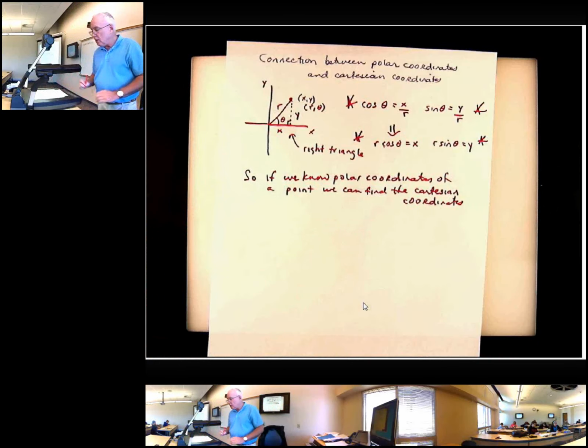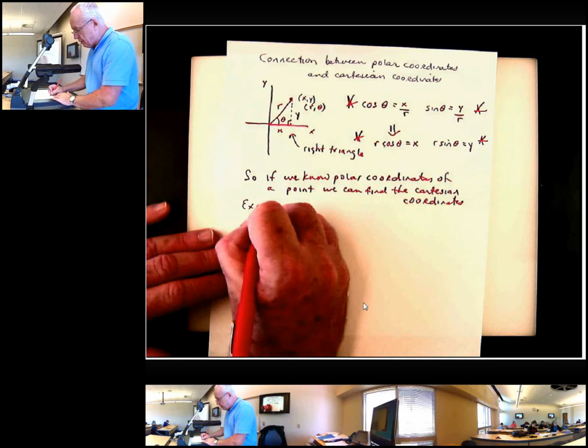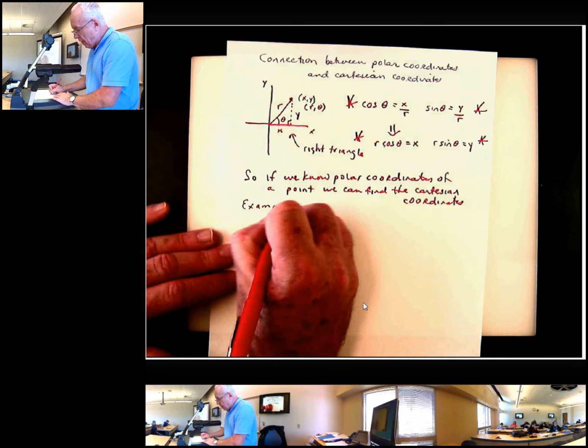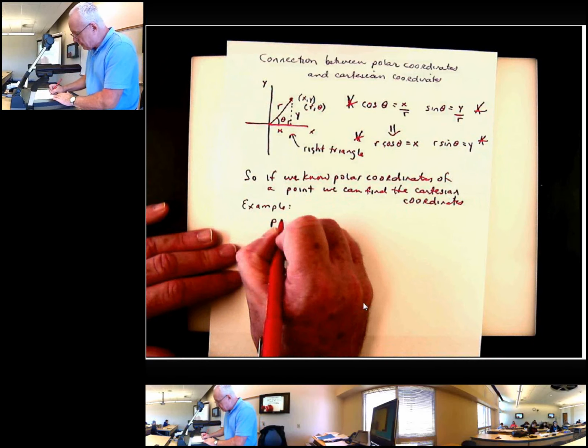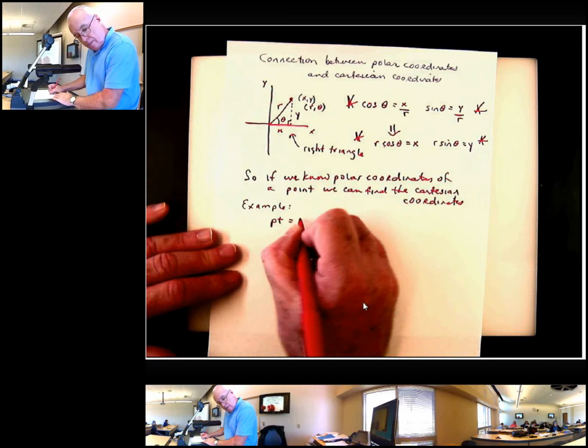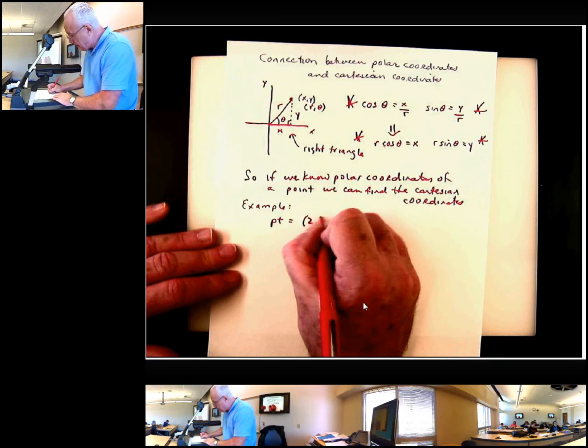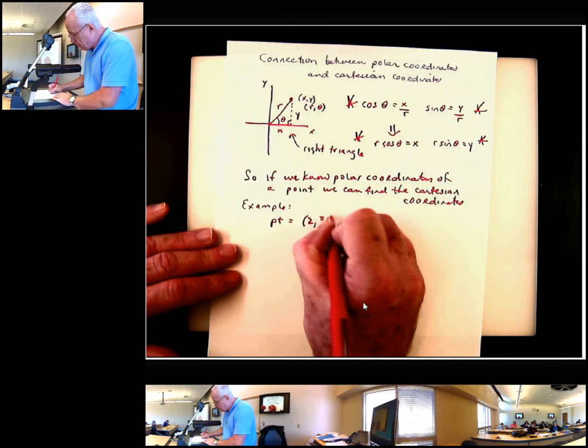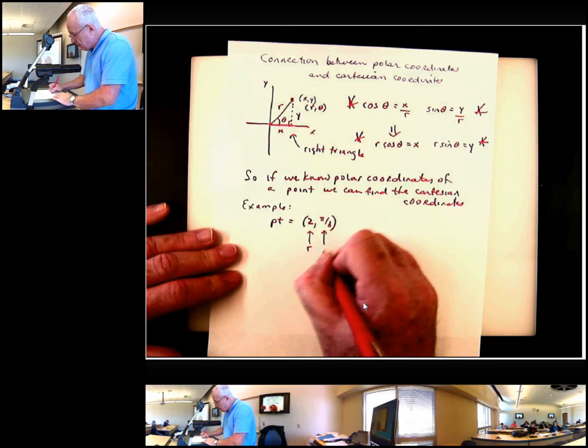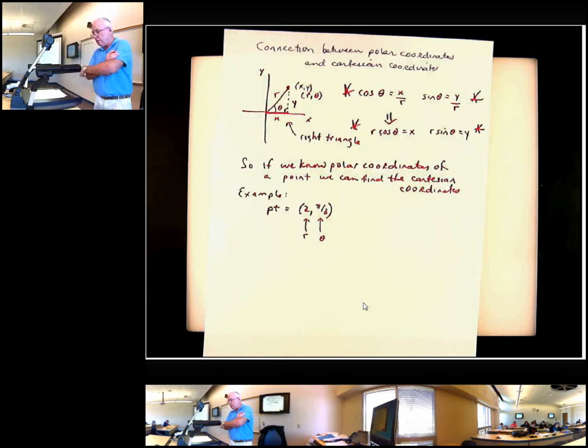Okay, so let's do an example of that. Say that the point is 2 comma pi over 3. So this is our r, and this is our theta, all right?